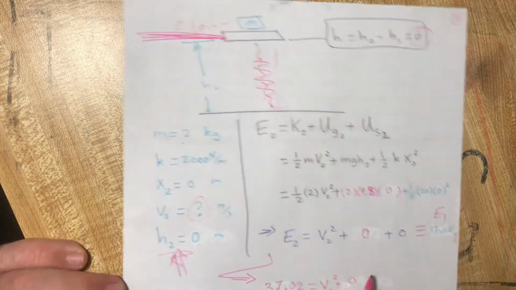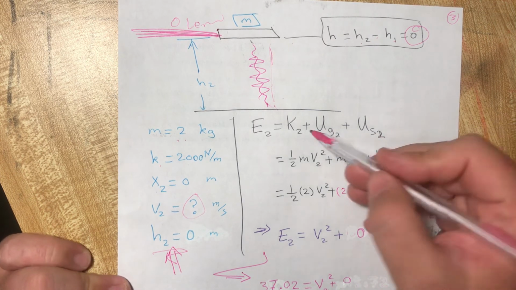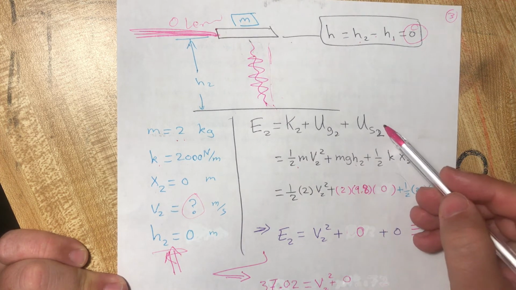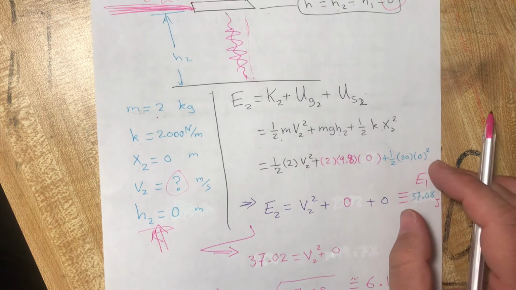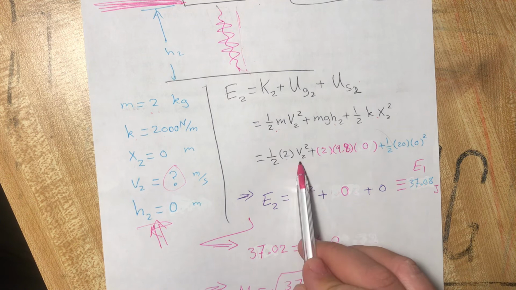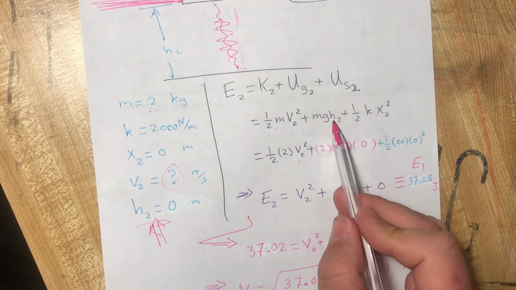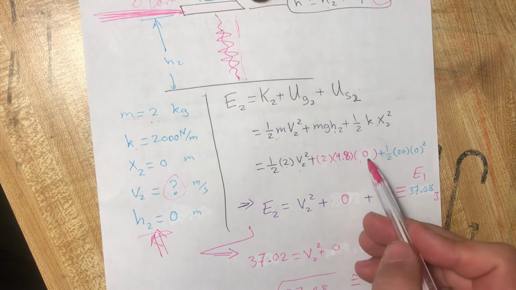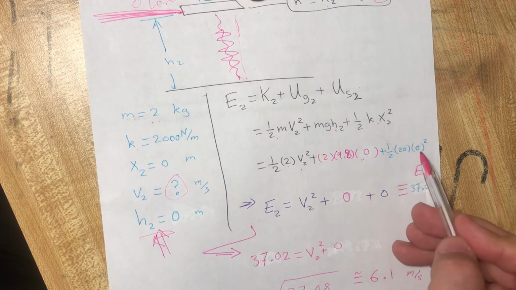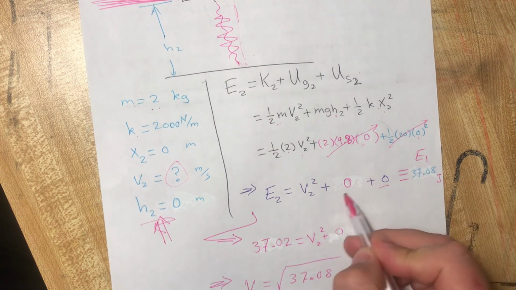Okay, we will use the same formula for mechanical energy: the kinetic energy, the potential energy, and the potential energy due to the spring. We put in the numerical values, the velocity is unknown, the height at that point is 0, and the compression distance or displacement for the spring is also 0. So these two terms are zero.